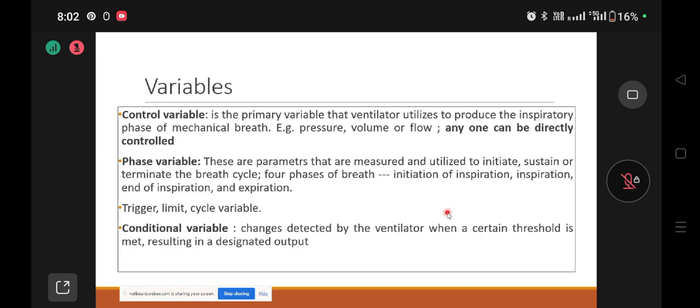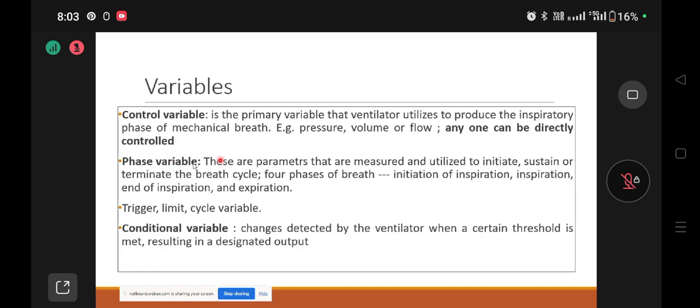For example, what is the ventilator controlling to produce that particular breath? And as you know, there is pressure, volume or flow. So the ventilator can control any one of them directly, but only one at a time. So this is a control variable. A ventilator could be having a pressure control or a volume control or a flow control.